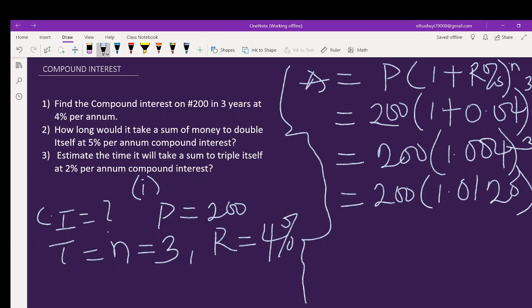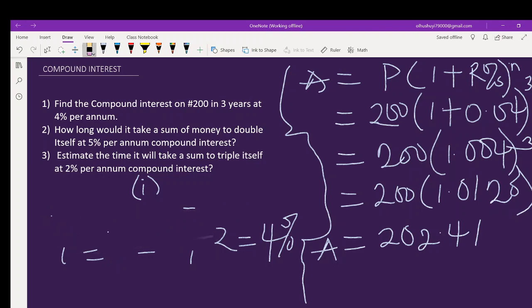What do you have? You have 202. So the amount becomes 202 naira 41 kobo.